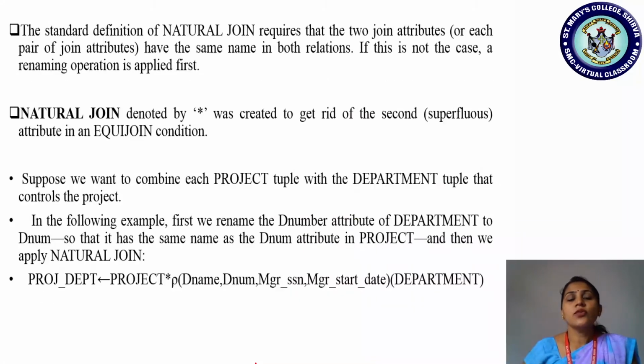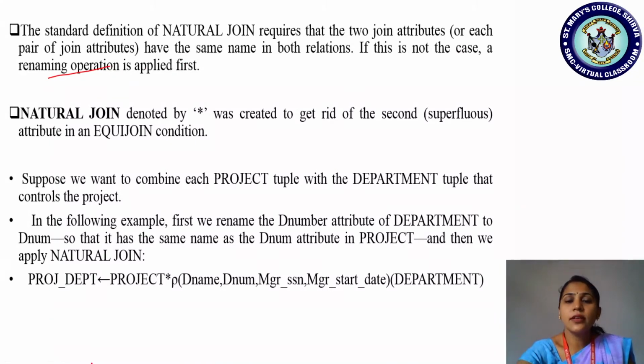Now the standard definition of natural join. Till now we discussed equi-join. Now we are concentrating on natural join. Natural join requires that the two join attributes, or each pair of join attributes, have the same name in both relations. If this is not the case, a renaming operation is applied first.